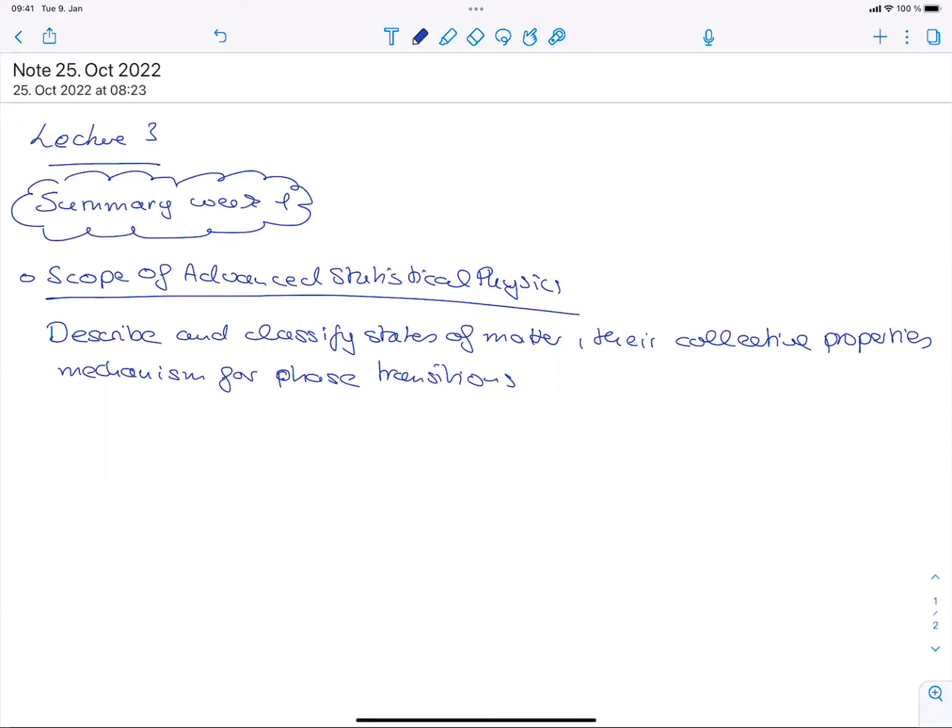And these phase transitions arise due to the interactions between the constituents of our matter.